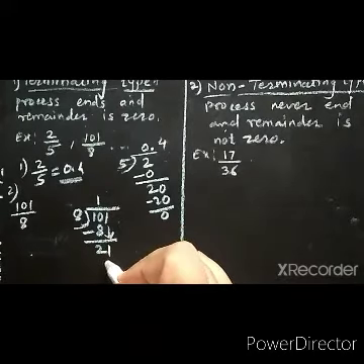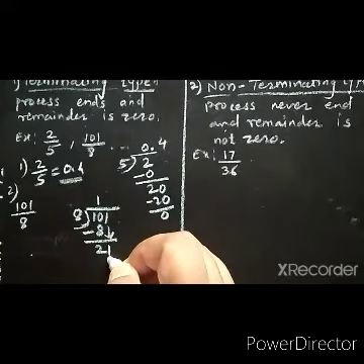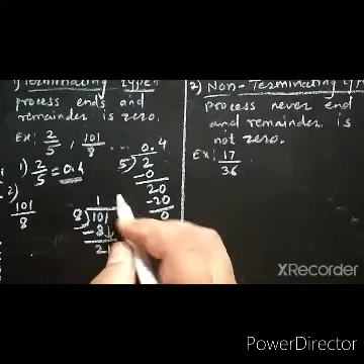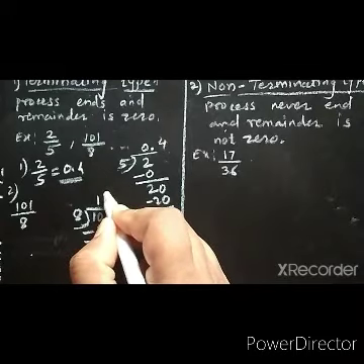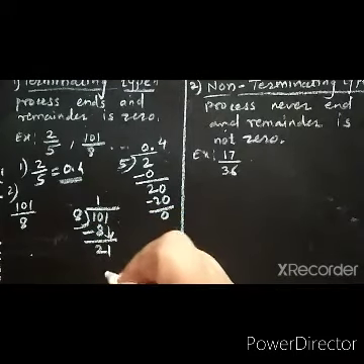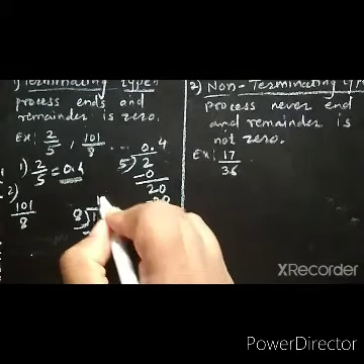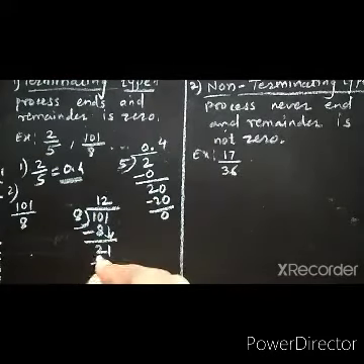Now see if 21 is there in 8's table or not. 8 2s are 16. 8 3s are 24. 24 is bigger than 21, so we can't take. So 8 2s are 16.